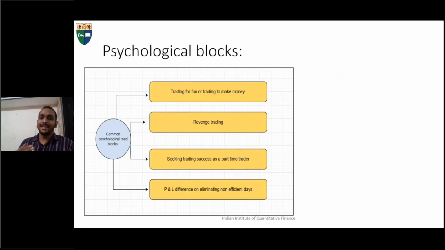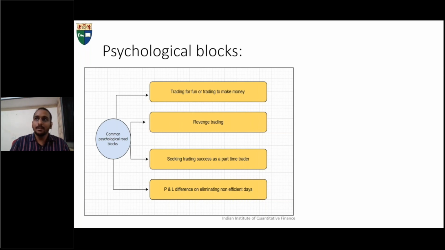Coming to the psychological blocks, which basically play a major role. As soon as a trader starts trading, some traders trade for fun. Nowadays I have seen people who trade for fun: I feel good, so I trade every day, irrespective of whether my setup is matching or whether I am getting a signal. Some just trade to make money aggressively, which is a wrong way of trading.